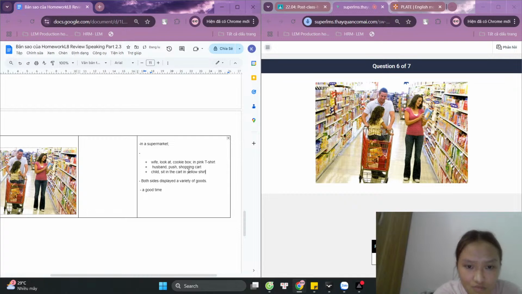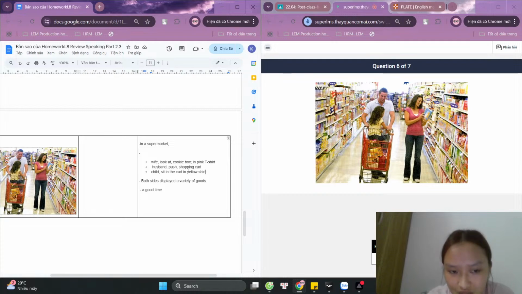This is a picture of a supermarket. On the right side, a wife is looking at cookie boxes. Next to her, a husband is pushing a shopping cart. A child in a yellow shirt is sitting in the cart.